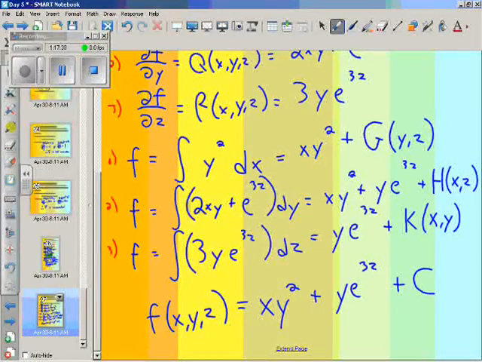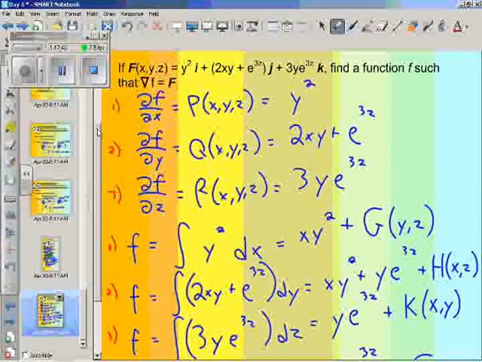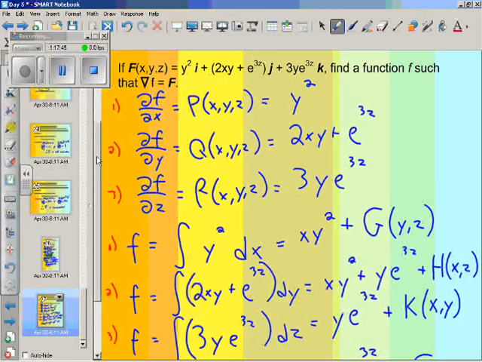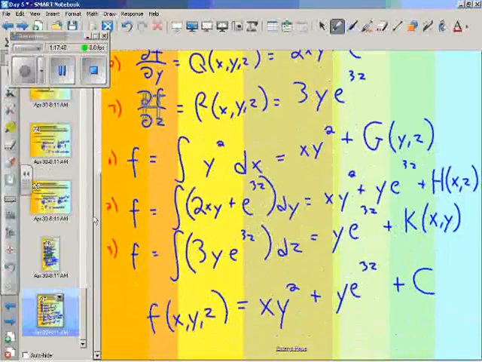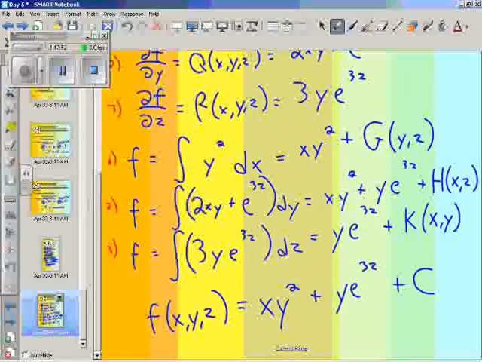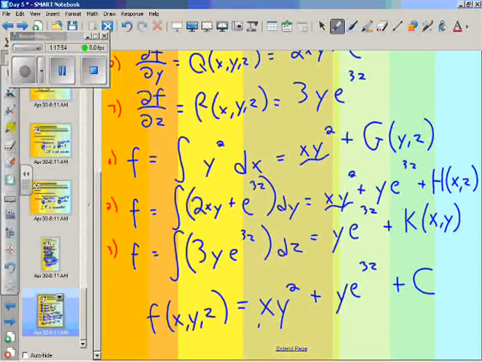So in other words, all we have to do is isolate the components of our vector field and integrate them with respect to whatever variable they are. And then by inspection, we see, okay, we have that. We're also going to have that.